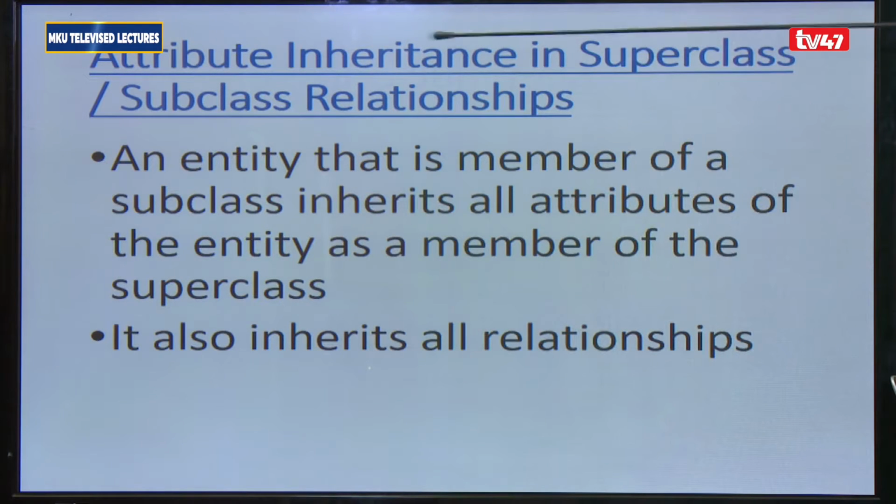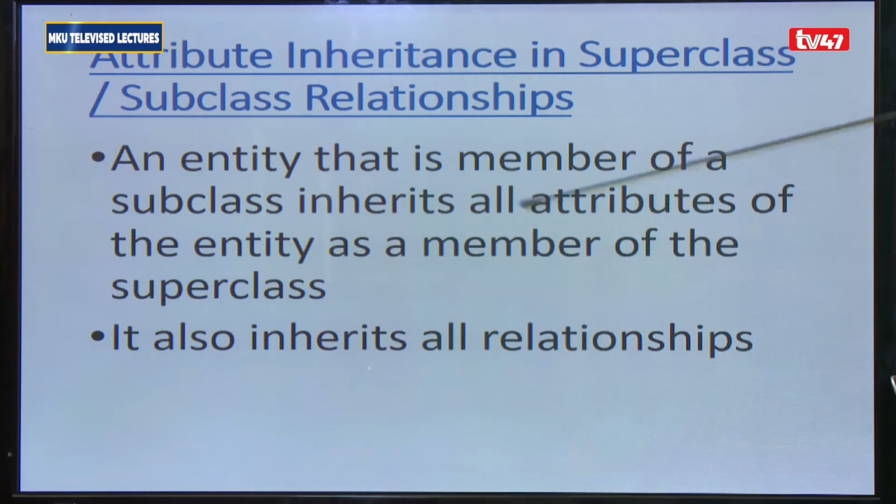So we want to look at the attribute inheritance in superclass-subclass relationships. An entity that is a member of a subclass inherits all attributes of the entity as a member of the superclass. It also inherits all relationships.